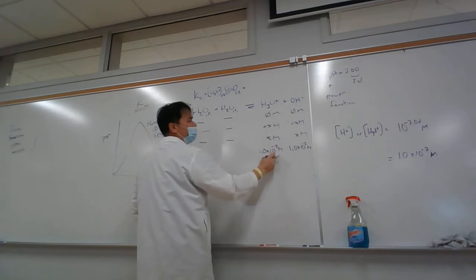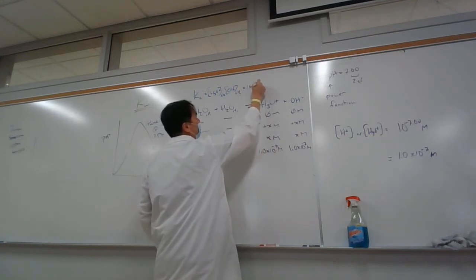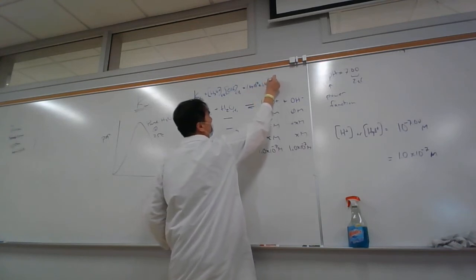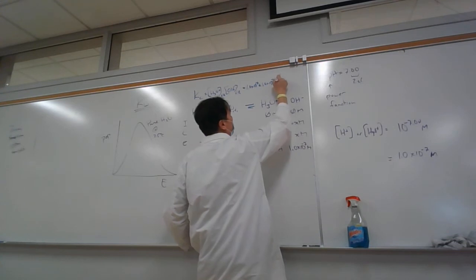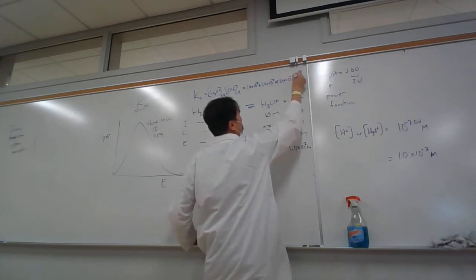And so this is going to be 1.0 times 10 to the minus 7 times 1.0 times 10 to the minus 7, which equals 1.0 times 10 to the minus 14. And we call this Kw.